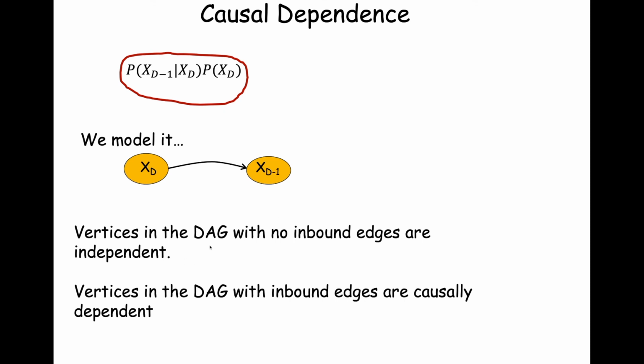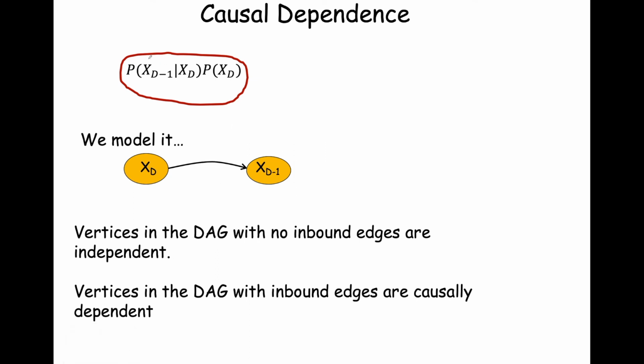And so the vertices in the DAGs with no inbound edges, they're independent. Here we have xd involved in a marginal probability, and because it has no inbound edge in the graph fragment, it means that it is independent. It does not depend or is not influenced by another node.